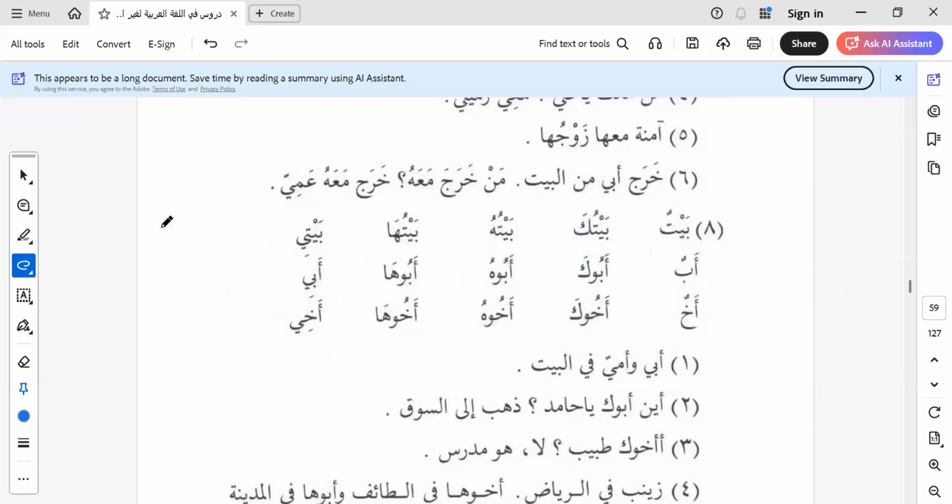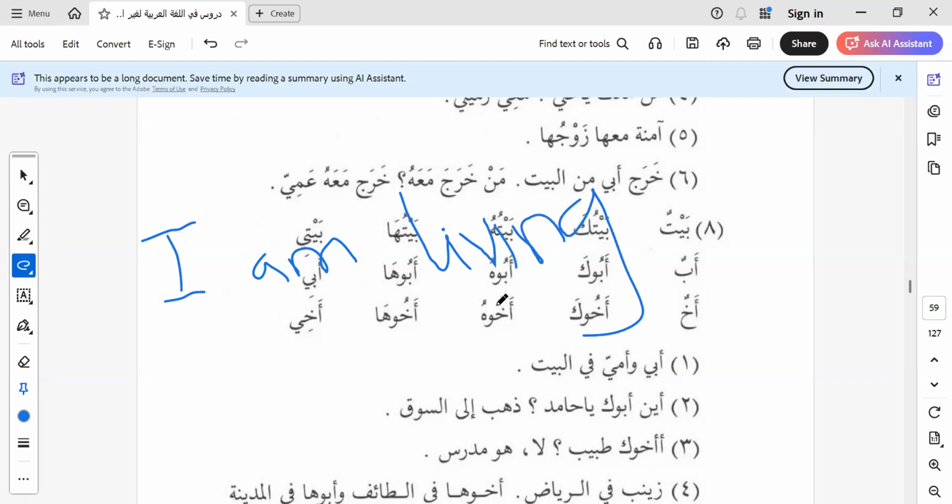Now the second one that I want you to say is: I am living with my husband. You already know the verb for living. We said that many times, especially when we were doing a foundational lesson.